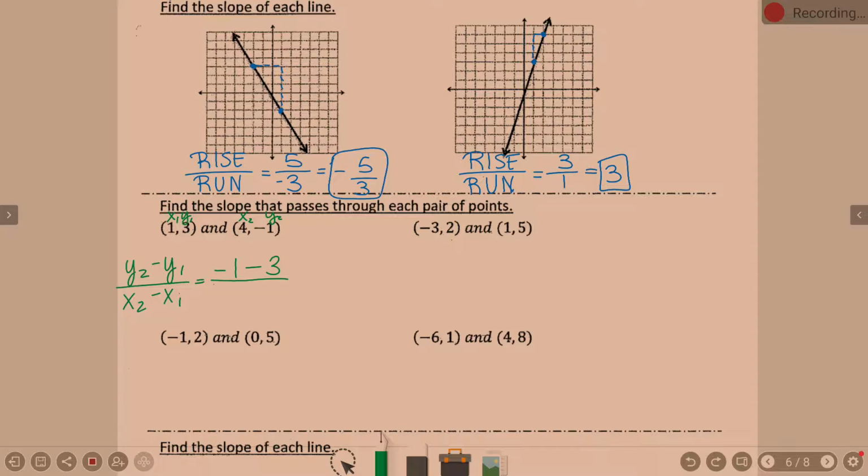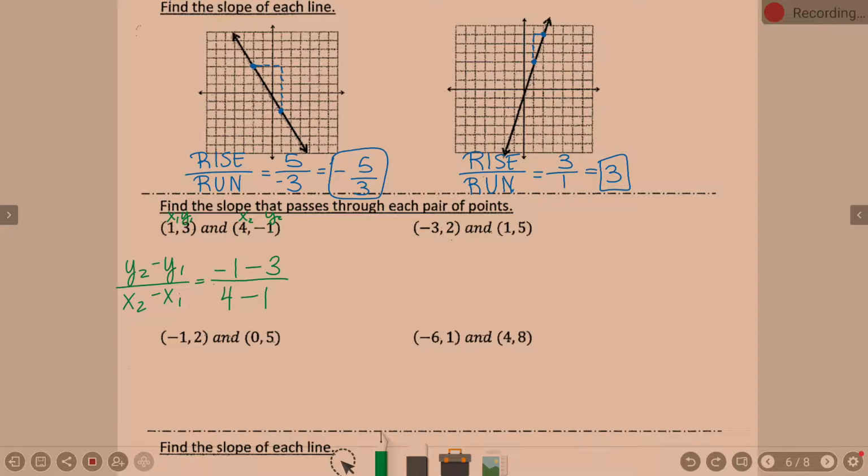Now we're going to do x minus x, starting with whichever y we started with. I started with negative 1, so what x do I have to start with? 4. So now I'm going to do x2 minus the other x, which is 1.